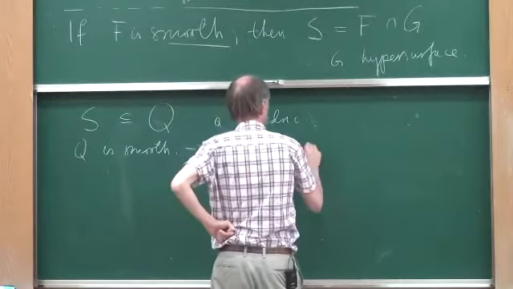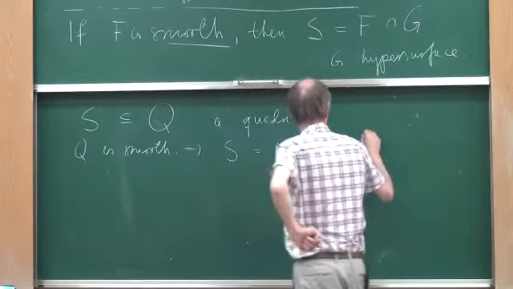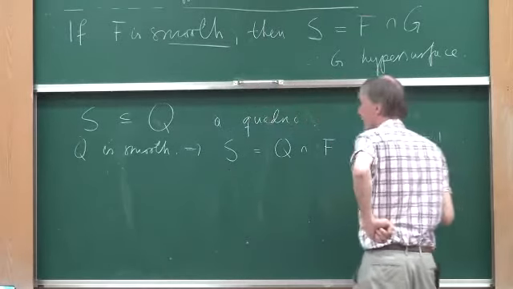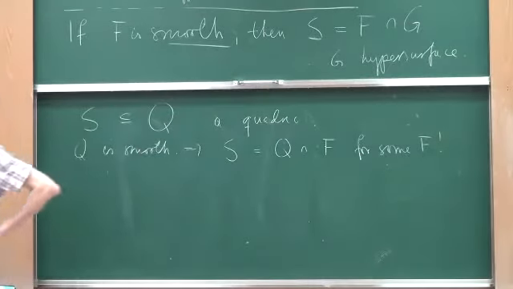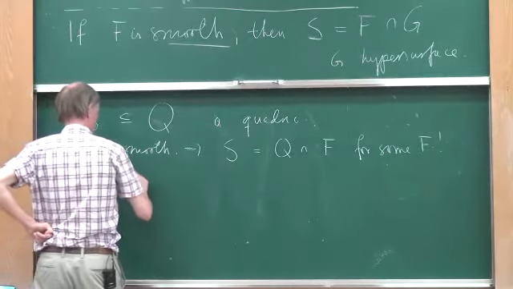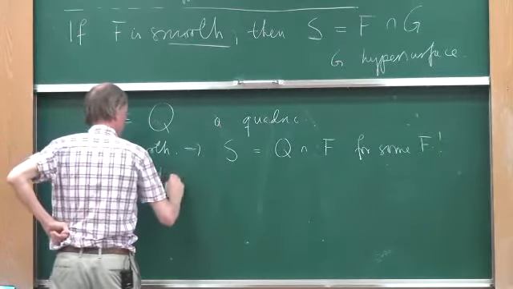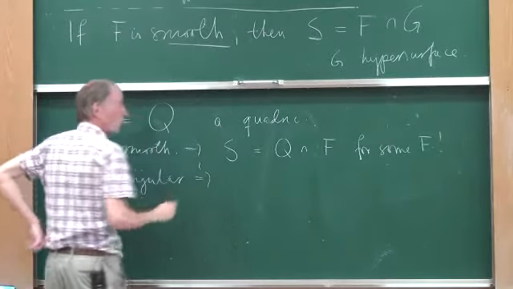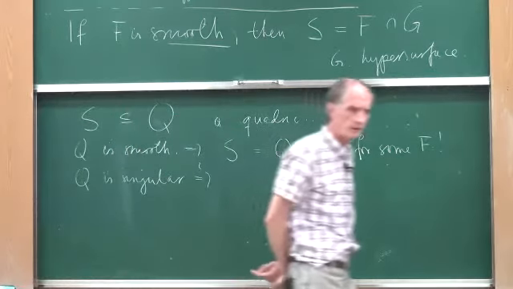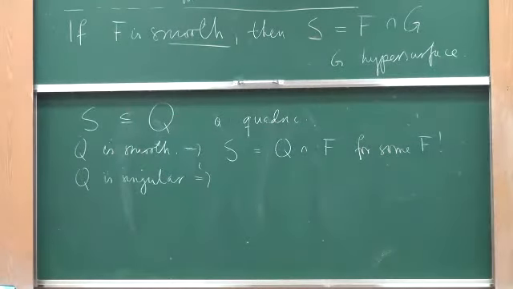It is Q intersected with some F, for some F. But if Q is singular, then what happens? Let's see whether we can deal with the singular case. And of course singular quadrics do appear, there are such things.